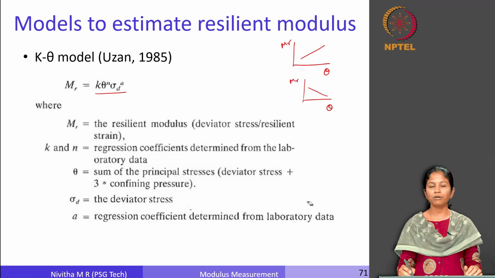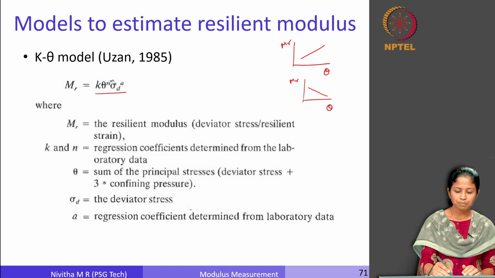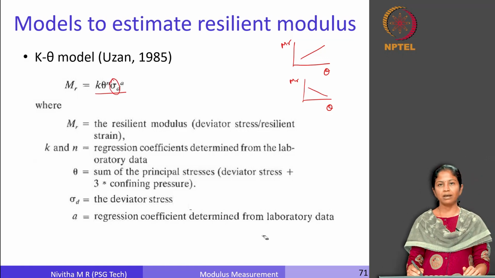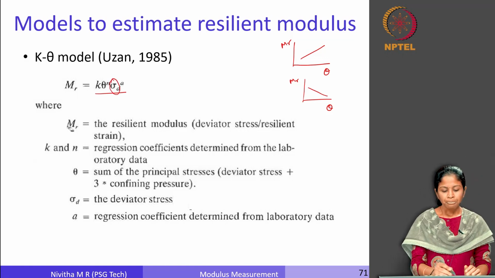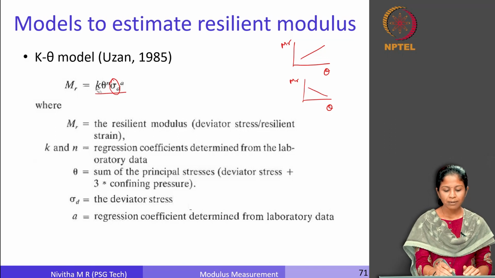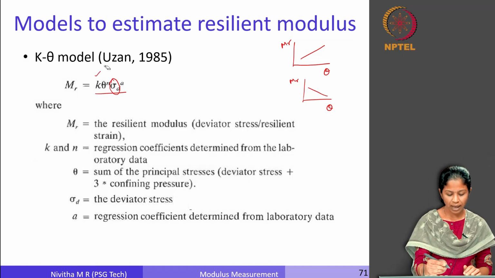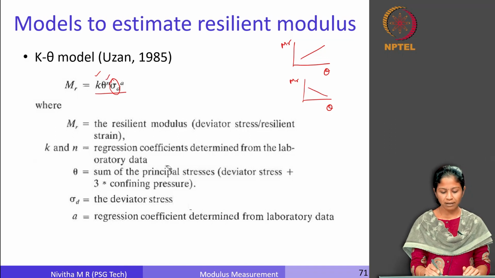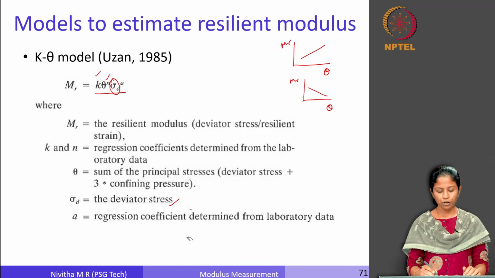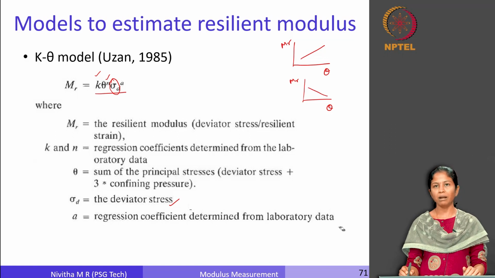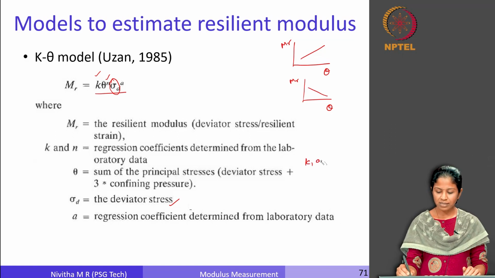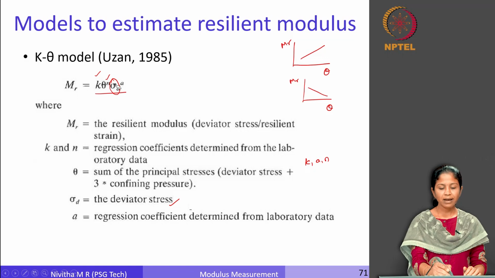To account for those kinds of materials, this parameter sigma d was incorporated in the model. So here again, resilient modulus is a function of k and n, which are regression coefficients determined in the laboratory. Theta has the same meaning here. Sigma d is the deviator stress in specific, and A is also a regression coefficient determined from the laboratory. So we have three constants here, k, A and n, and theta and sigma d.